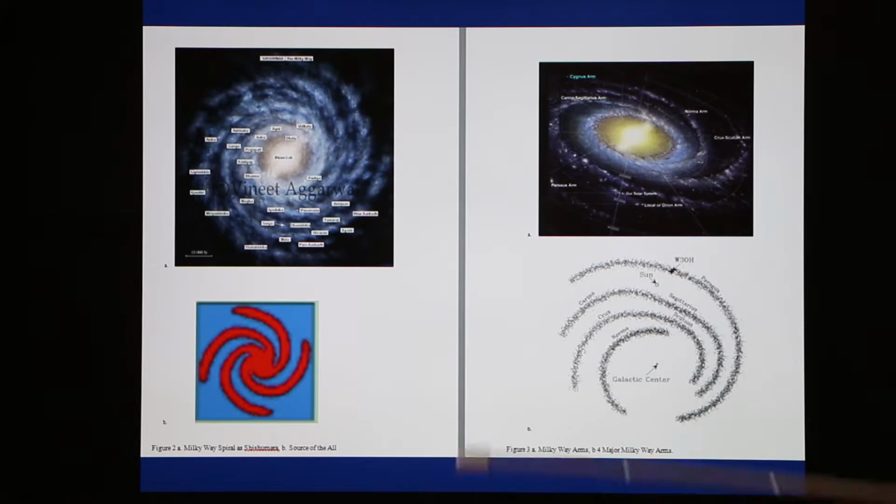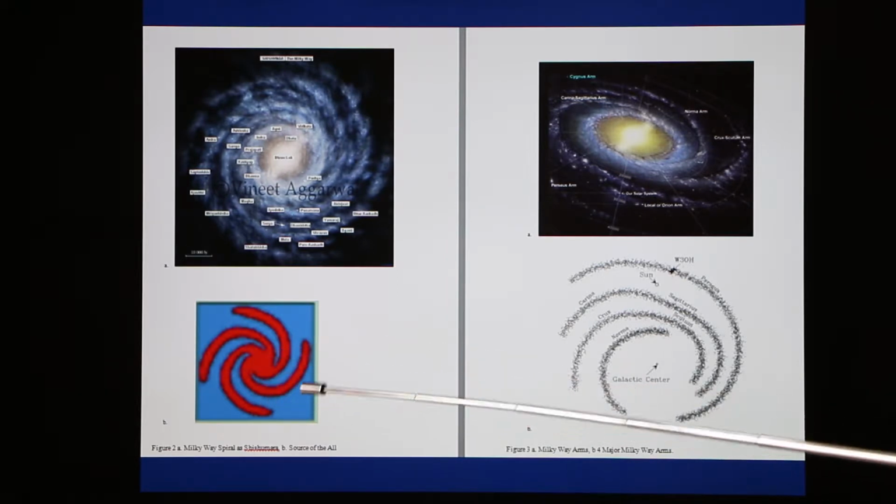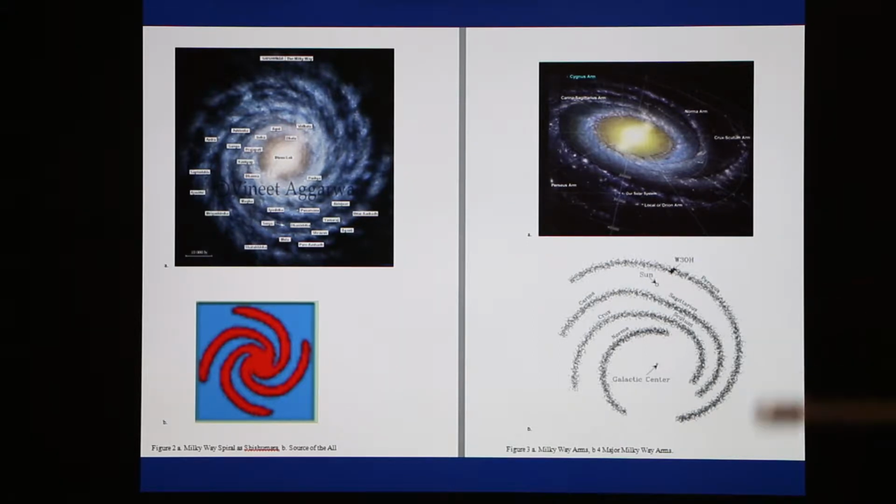And if you go to Russia, you will see this symbol, which is the source of all, as it's called. Well, that becomes extremely interesting because in the most modern versions of what we know as the Milky Way, there are 4 arms. There's a galactic center, there's Norma, Crux, Carina Sagittarius, and this one.